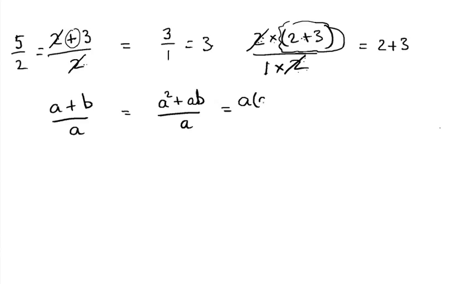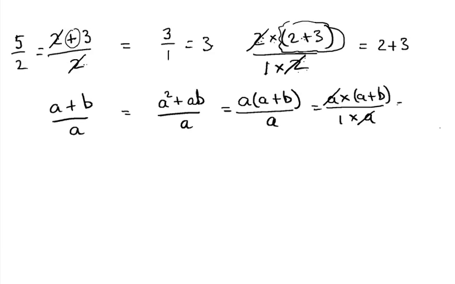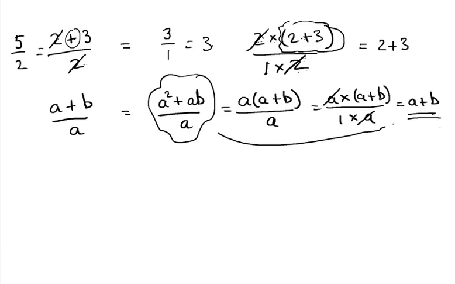If you know about taking out a common factor, we can rewrite this as that. The two factors are a and a plus b on the top line, 1 times a on the bottom line. So there is a common factor of a, top and bottom. So we divide top line by a, bottom line by a, and you'll get a plus b divided by 1, which makes no difference, so it's just a plus b. So this fraction here reduces to a plus b.